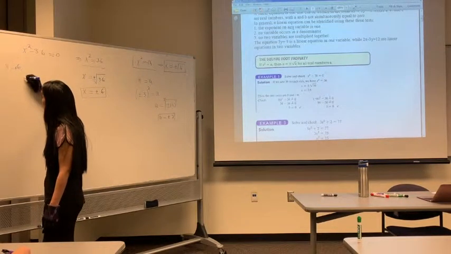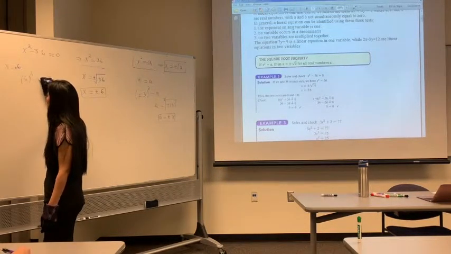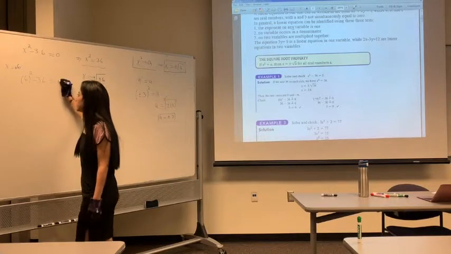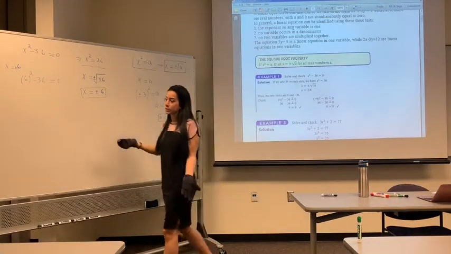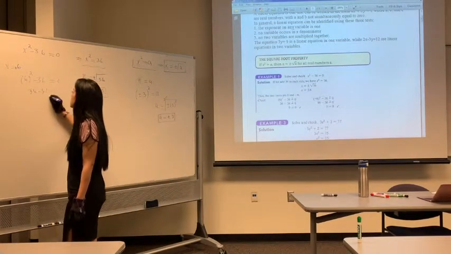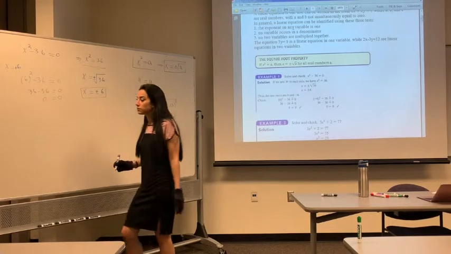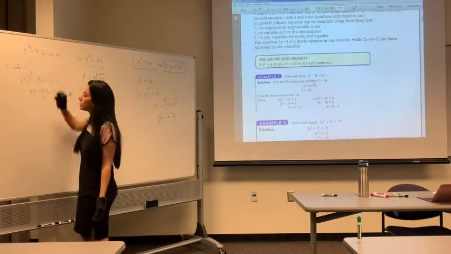We will have 6 power 2 minus 36 equals 0, which is 36 minus 36, which is equal to 0, right? So this answer is correct.